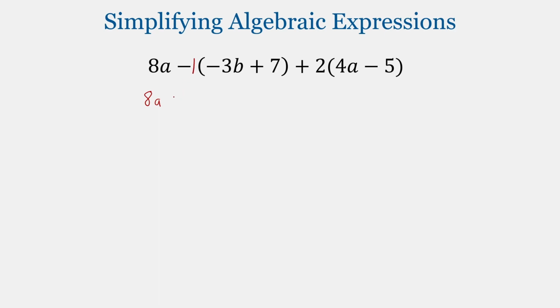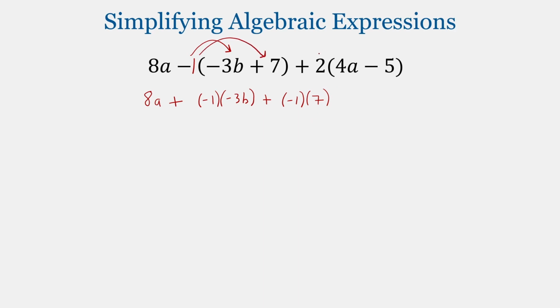So when I multiply by a negative, I'm going to go ahead and say plus, and then I'll multiply by negative 1 times negative 3b, plus, and again, that negative 1 times 7. We are distributing this negative 1 to both terms within the parentheses.